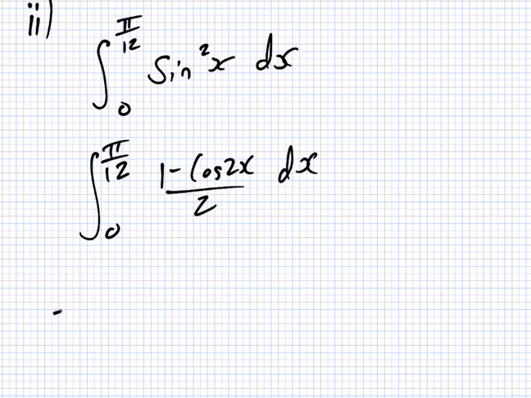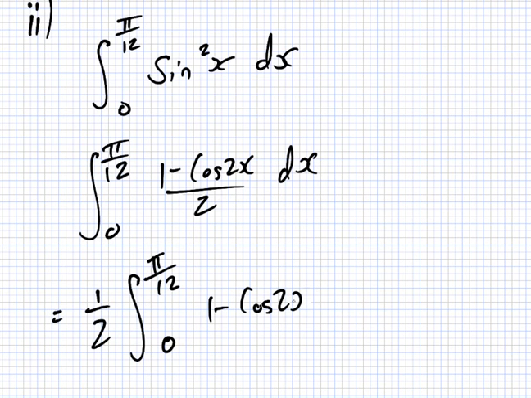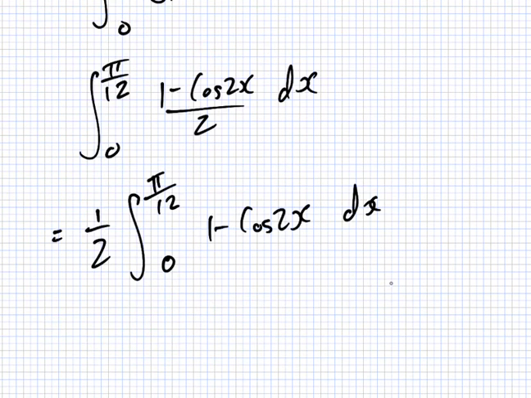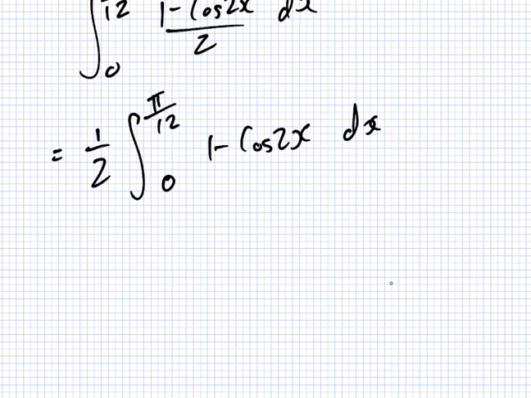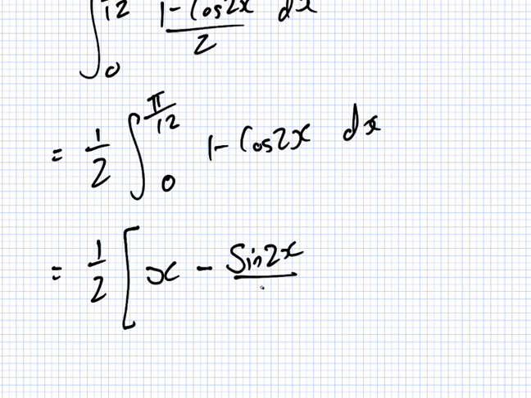Now I can take the 2 outside, like this. 1 minus cos 2x dx. Now, you know how to integrate this, I sure hope. This will be 1 over 2 x minus sine 2x over 2.